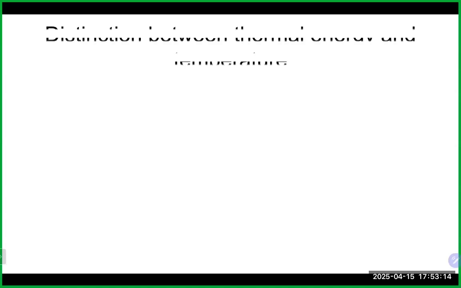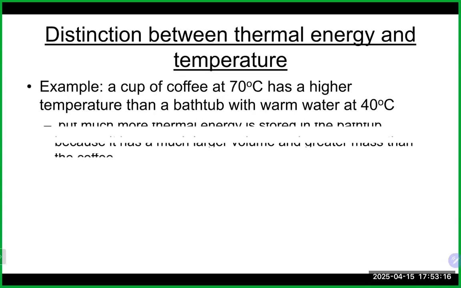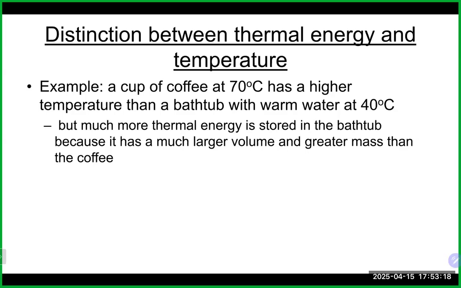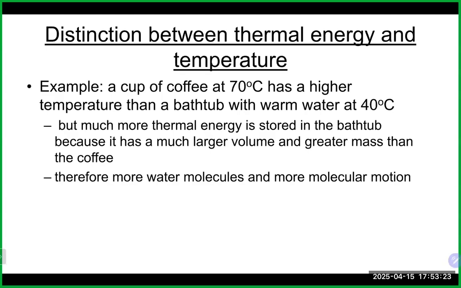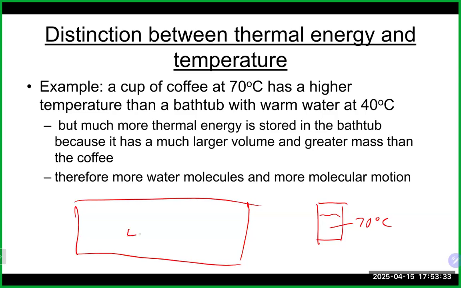And to illustrate the distinction between thermal energy and temperature, if we took, for example, a cup of coffee that is at 70 degrees Celsius, and we took a bathtub of water that's at 40 degrees Celsius, the bathtub of water has a lot more thermal energy than the cup of coffee, even though the cup of coffee has a higher temperature.